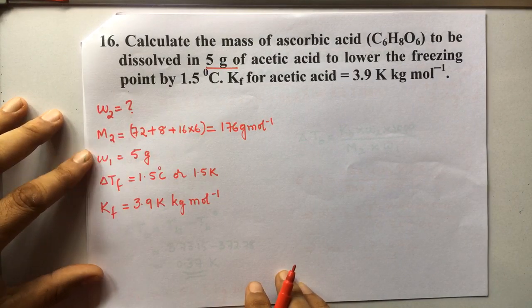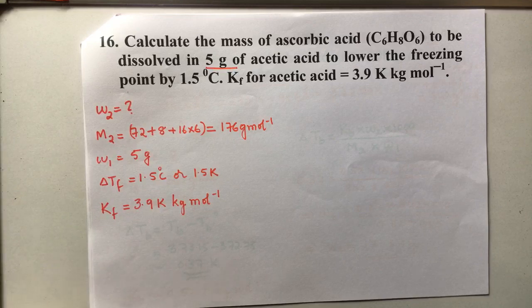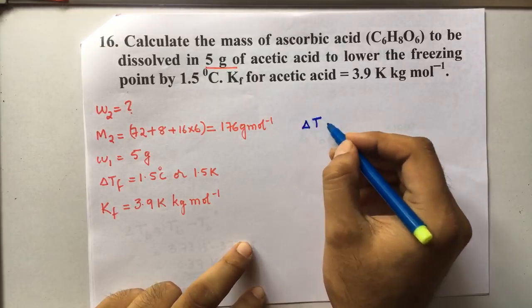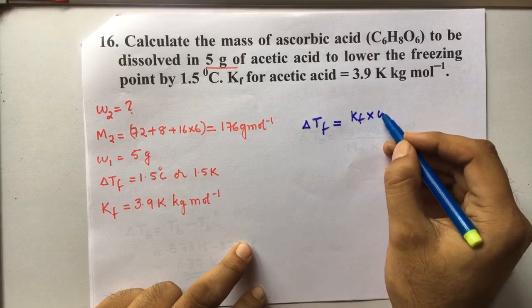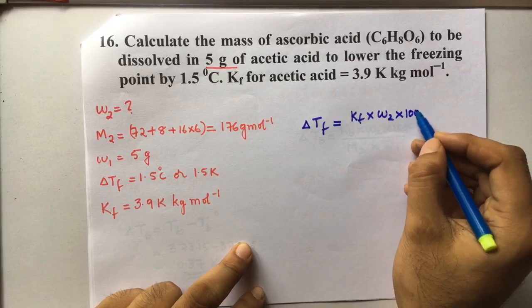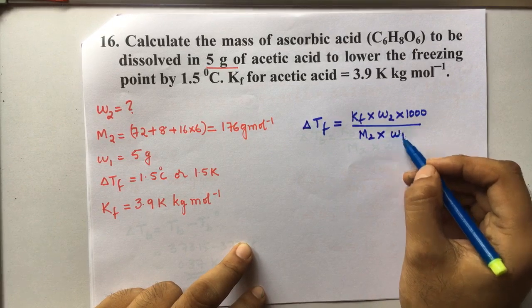Okay, now we know what is the formula for solving this. We have solved a similar kind of problem already. It is delta TF is equal to Kf multiplied by W2 into 1000 divided by M2 into W1.